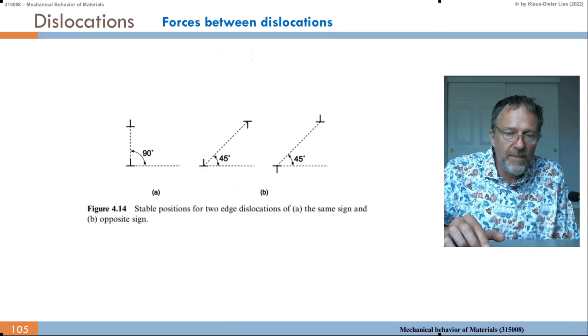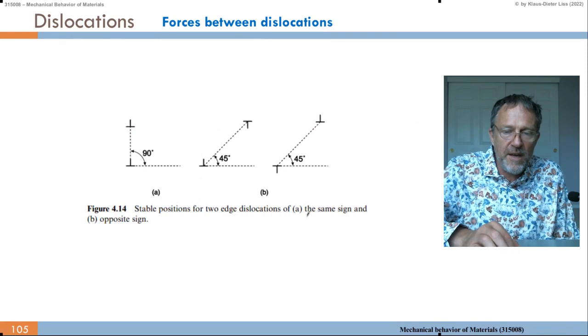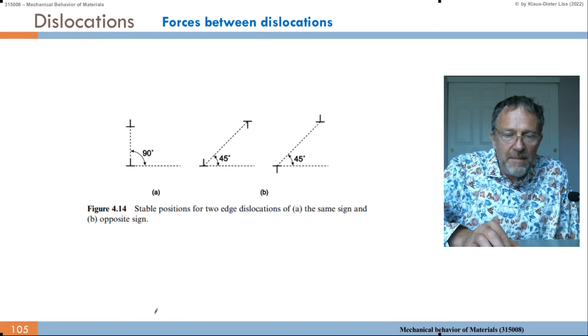Good. So here are the stable positions for the two edge dislocations of A, the same sign, and B, opposite sign.